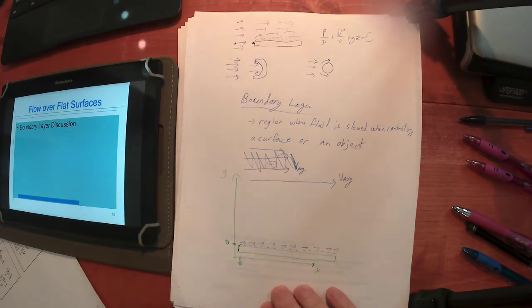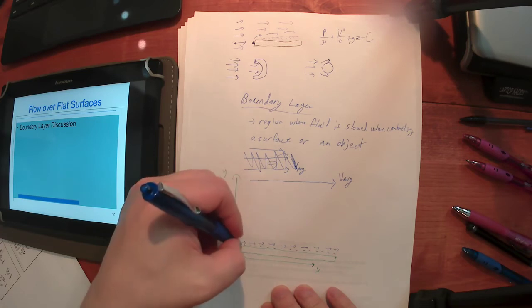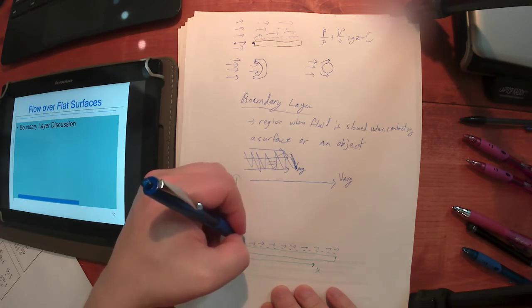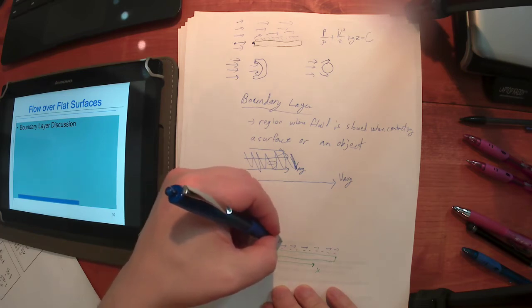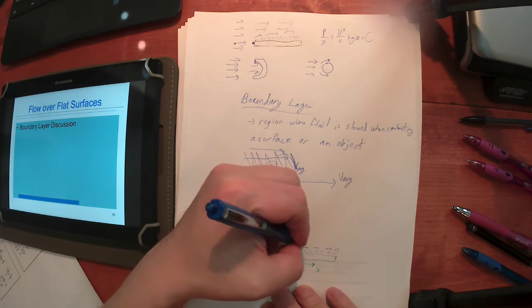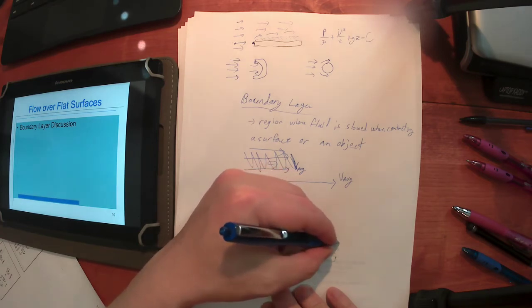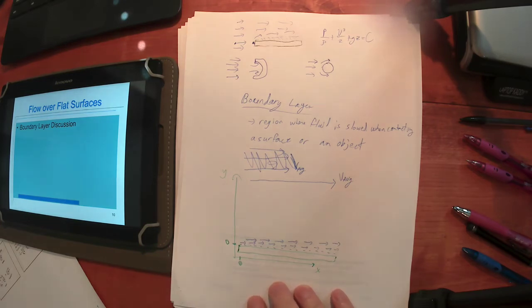Okay? And as you move a little further away, right here at the leading edge, basically 0 speed, but if you move a little further away in the y direction, the particles start getting a little bit faster. So the further you get away from that surface, the faster the particles become.